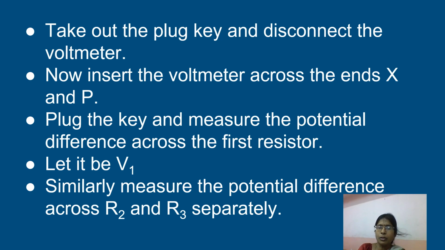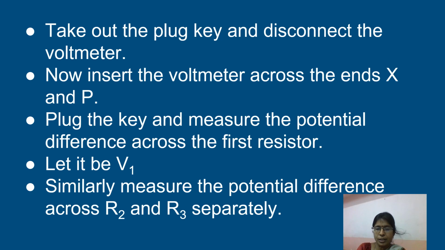Now take out the plug key and disconnect the voltmeter. After taking the potential difference across X and Y and across the battery, take out the plug key, disconnect the voltmeter. Now this voltmeter has to be inserted across the ends X and P because we have taken three resistors.